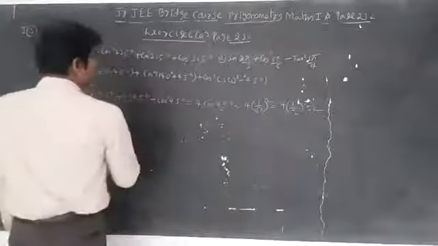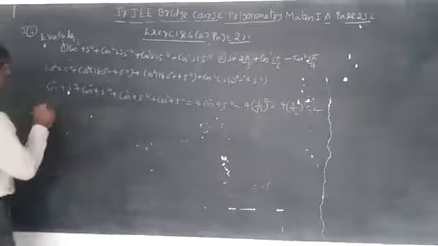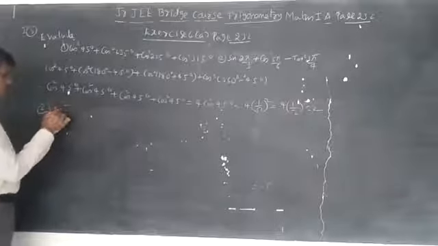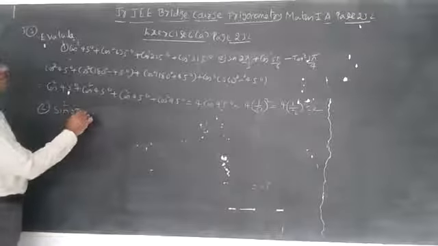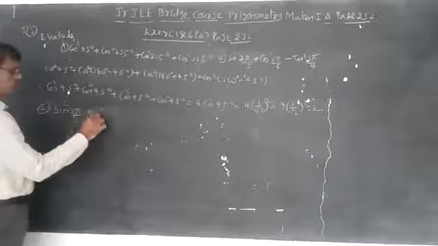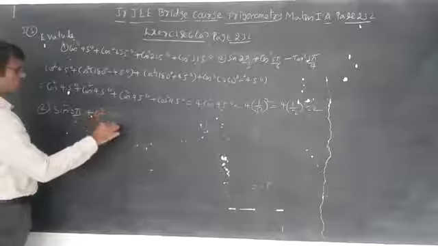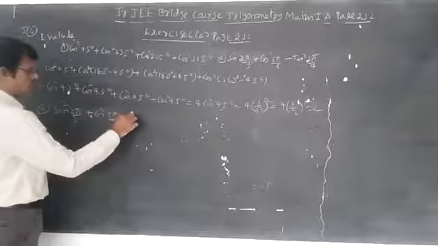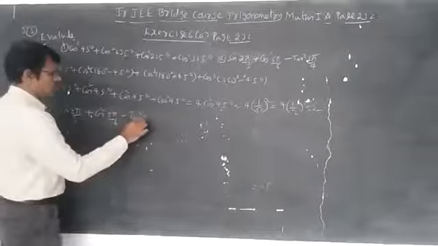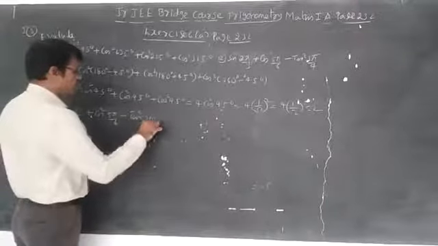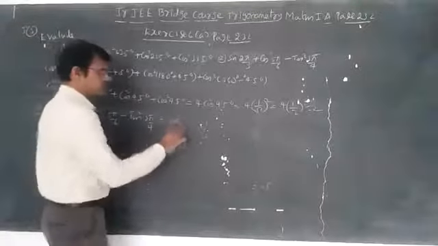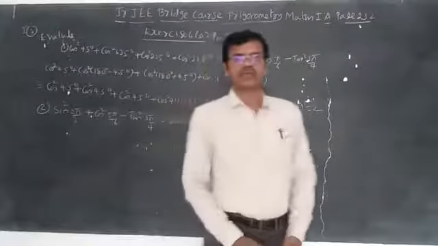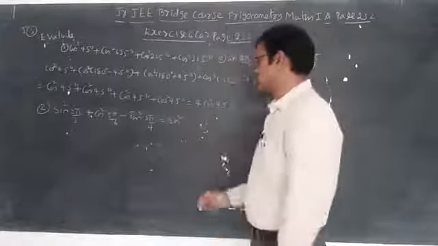Now second question, let us calculate sine square 2 pi by 3 plus cos square 5 pi by 6 minus tan square 3 pi by 4. First of all, I am going to convert the values. Pi means 180 degrees.